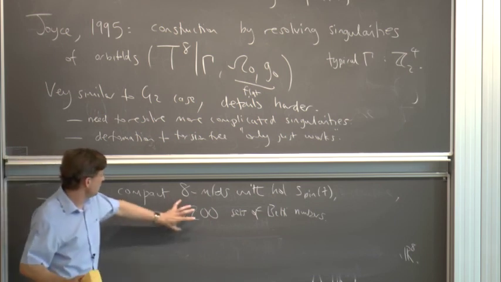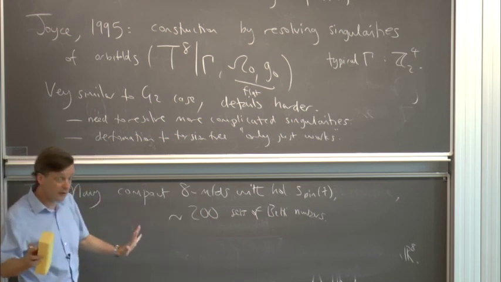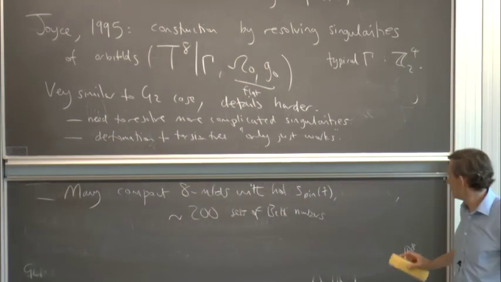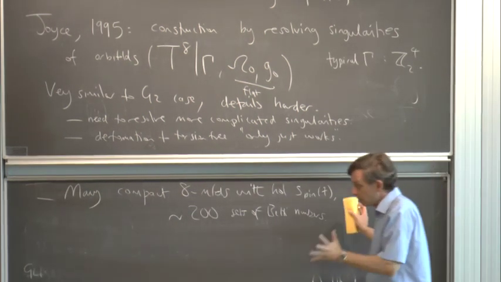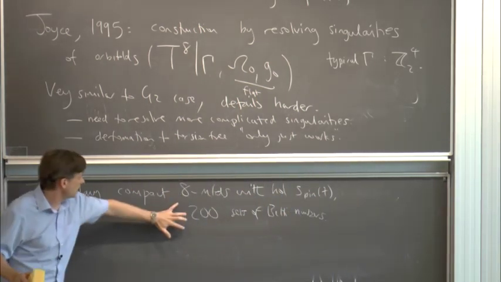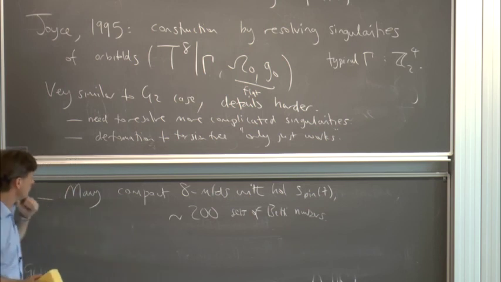But actually you can distinguish different 8-manifolds with the same sets of Betti numbers by properties of the cup product on the cohomology, and therefore these represent probably a lot more than 200 distinct 8-manifolds.